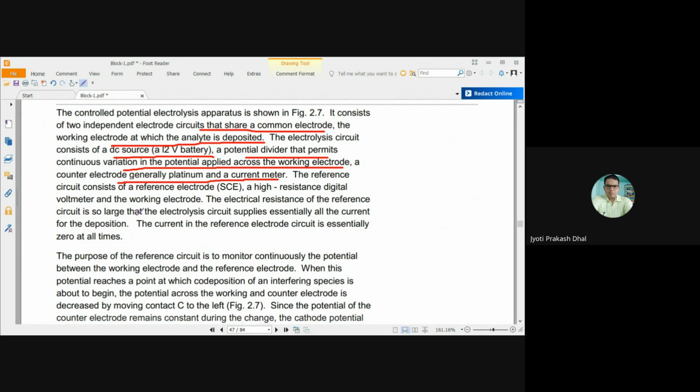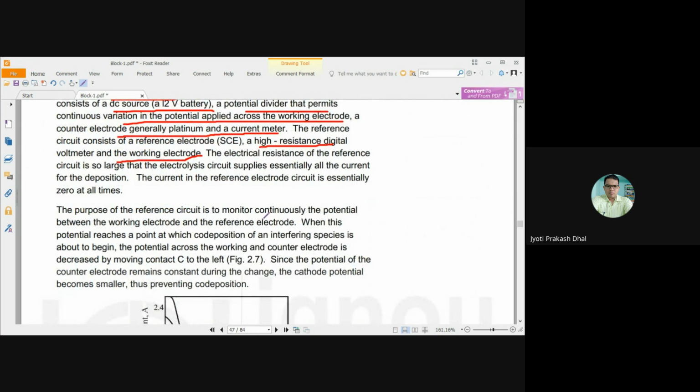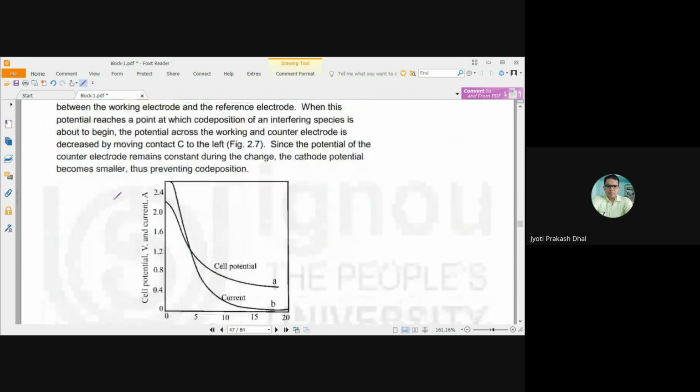The reference circuit consists of a reference electrode called SCE, a high resistance digital voltmeter and the working electrode. The electrical resistance of the reference circuit is so large that the electrolysis circuit supplies essentially all the current for the deposition. The current in the reference electrode circuit is essentially zero.